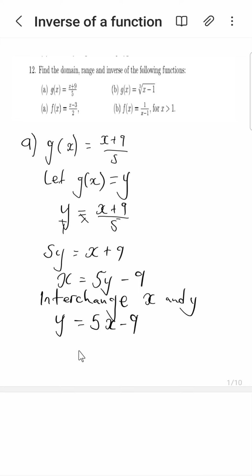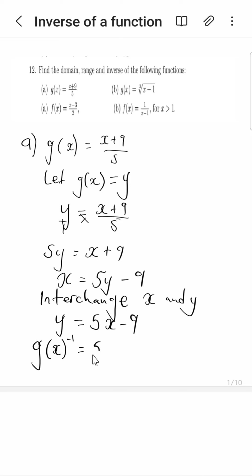And then from here, you bring back g of x. So this is now the inverse.